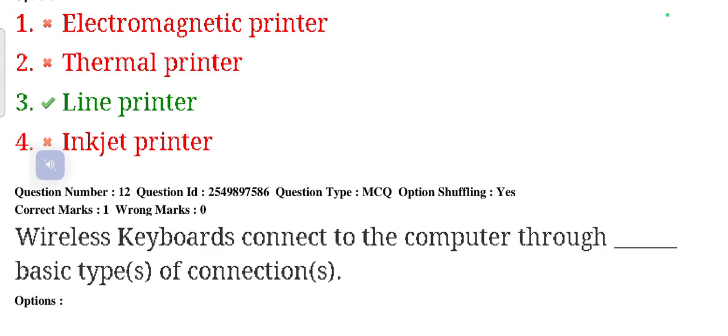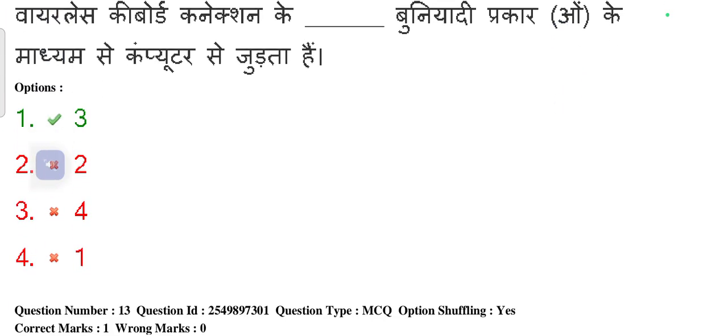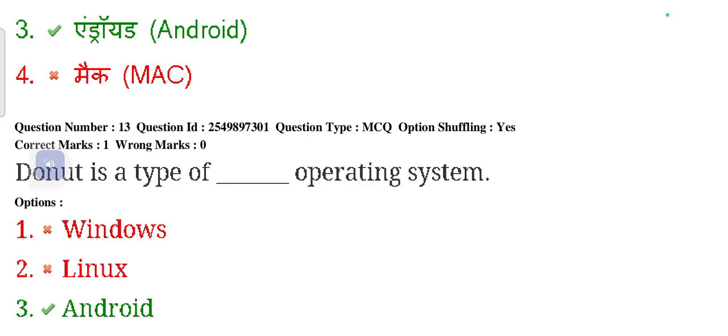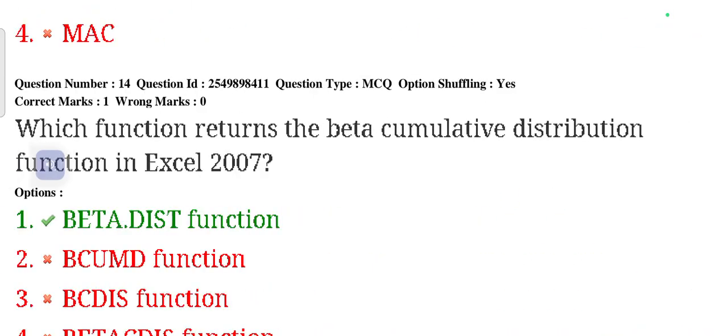3. Donut is a type of Android operating system. Which function returns the beta cumulative distribution function in Excel 2007?